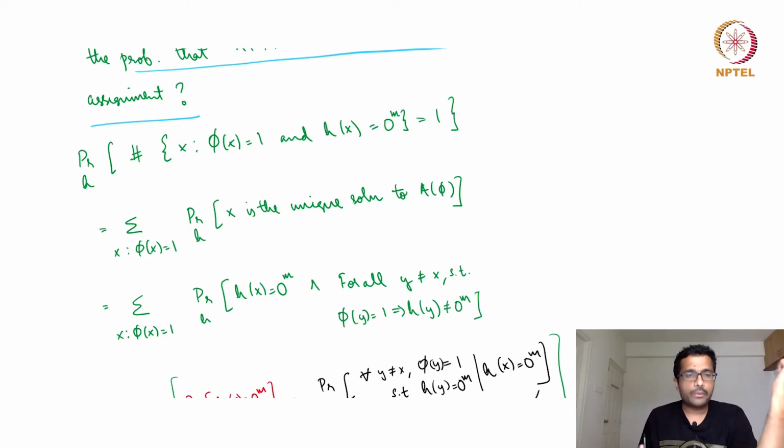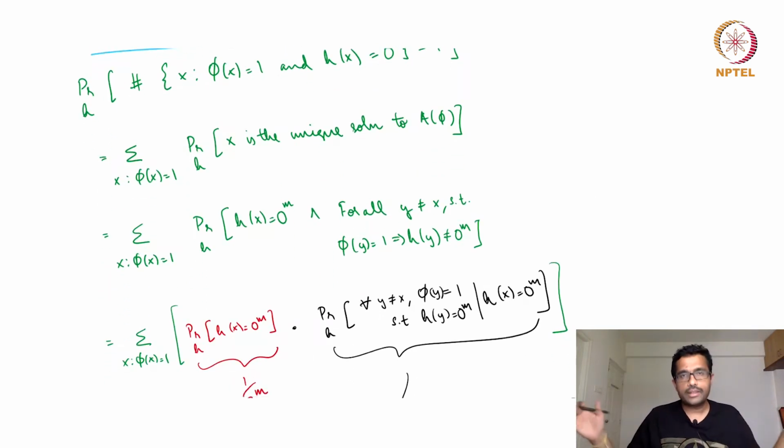So what is the probability that this is likely to be the unique satisfying assignment for a phi, right? Because if it is not a satisfying assignment for phi, it cannot be a satisfying assignment for a phi, right? So for each satisfying assignment of phi, we are seeing the probability that it can be the unique satisfying assignment for a phi, right? And these are all mutually exclusive events, so you could just take the sum. There is nothing lost here.